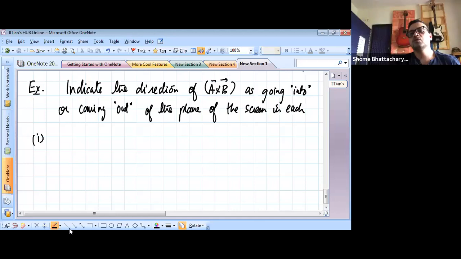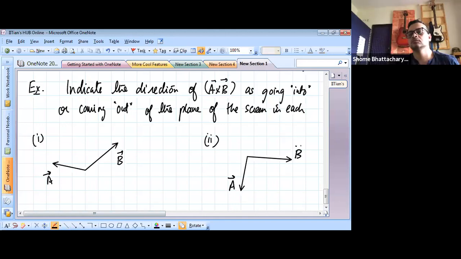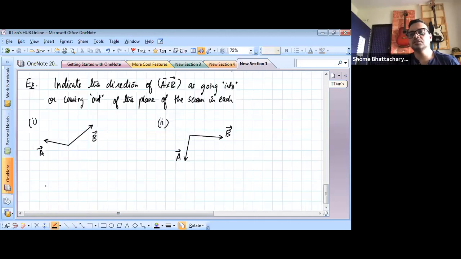Okay. So in option 1, let us say A and B are like this. In option 2, yeah, so just work this out and start sending me your answers.